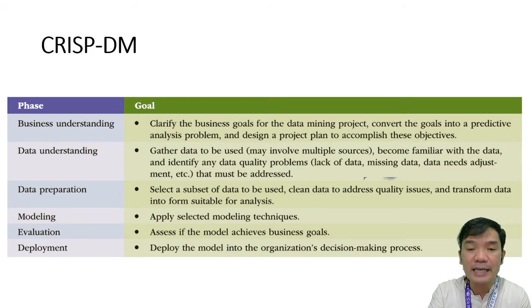Fourth, we have modeling, apply selected modeling techniques. There are already tools used to form a model. A simple model, for instance, as in the previous one, the linear regression can be an example of a model of certain decisions, and a model that can support decision making.